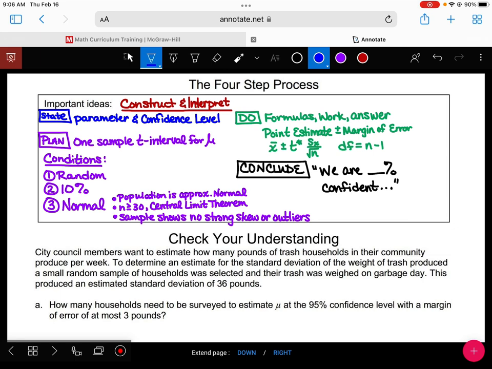If you are not done copying this down, snap a picture of it, because I do want to go through as much of the check your understanding as we can before the convocation.